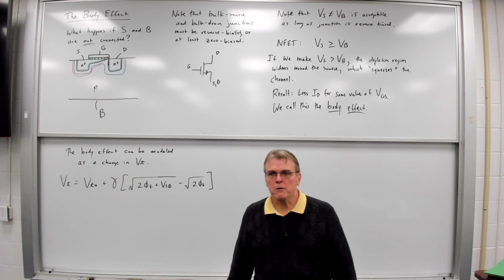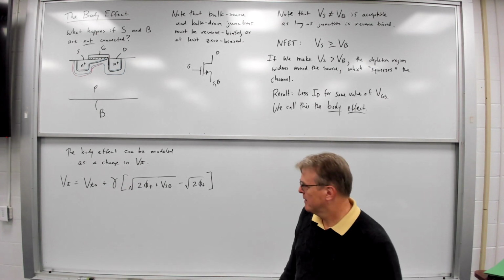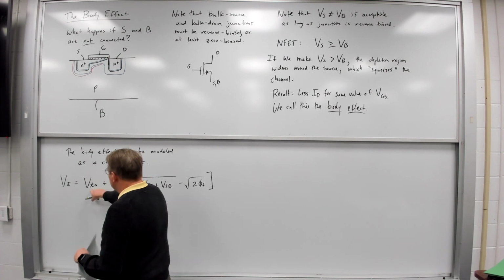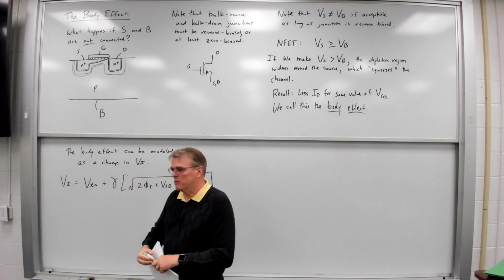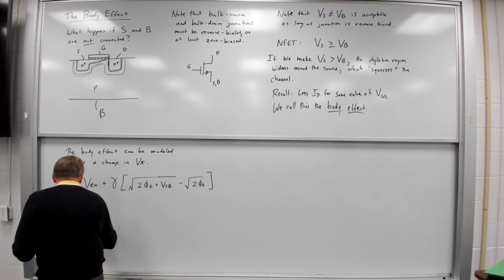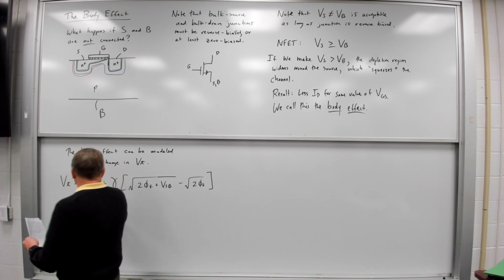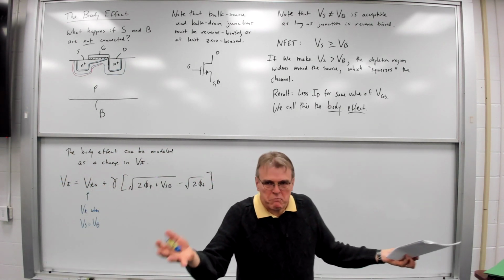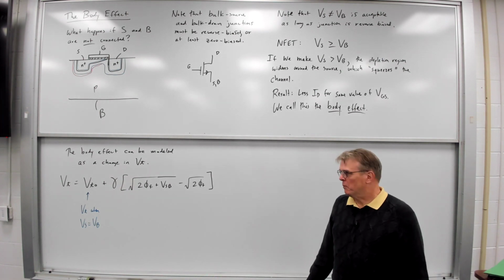This is the equation we use to model the body effect. So this is the zero bias threshold voltage. So when Vs is equal to Vb, that is the threshold voltage we have. In other words, that's the standard threshold voltage we're already familiar with.